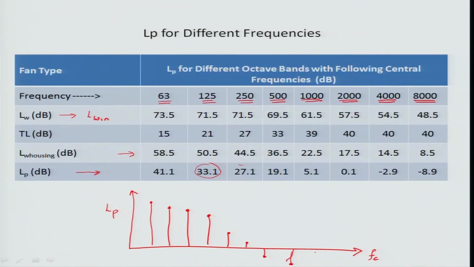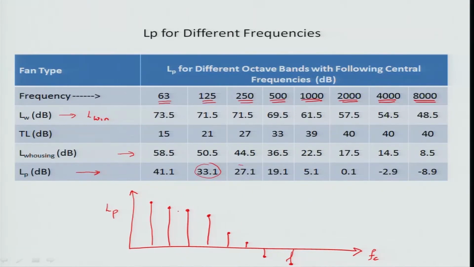This type of plot, I cannot connect by a smooth line, because each point just represents a central frequency. It itself represents that entire band. So I never connect these things. I just put them as points.